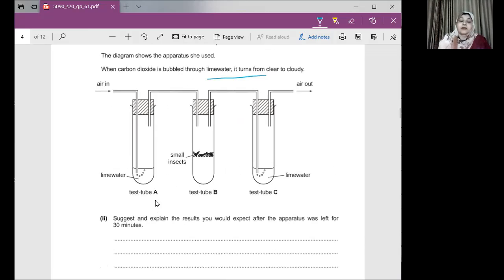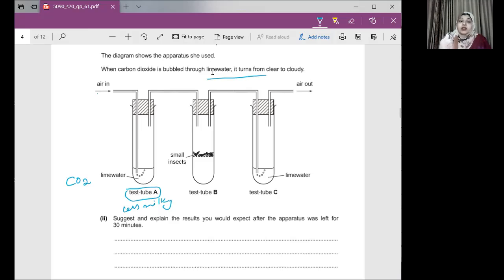After 30 minutes, definitely this lime water will turn less milky, because a lower concentration of carbon dioxide is present in the air. Air contains, if you remember, 0.04% carbon dioxide. So definitely after 30 minutes, when air passes through test tube 1, it will turn less milky because some carbon dioxide is present there.